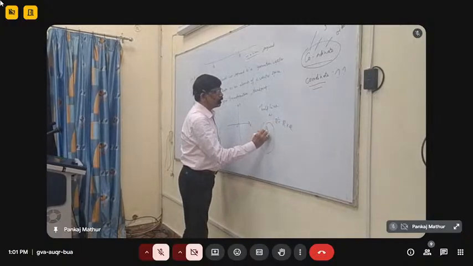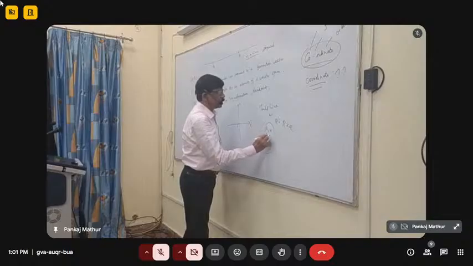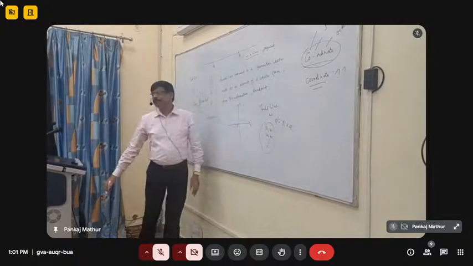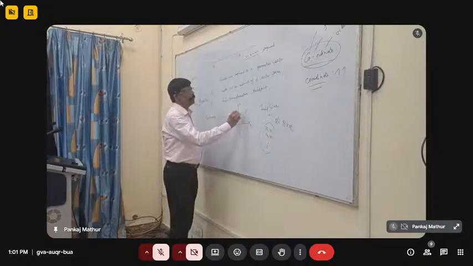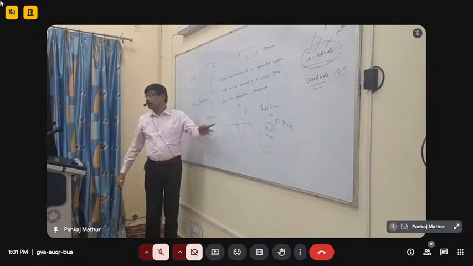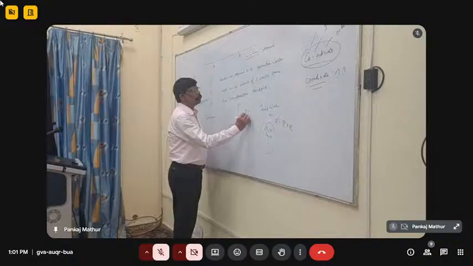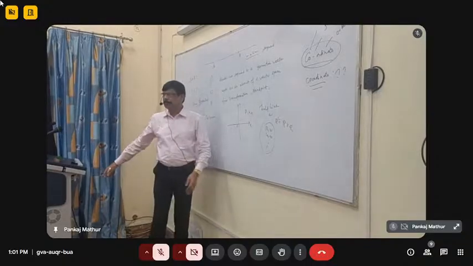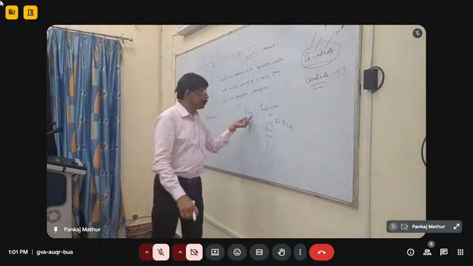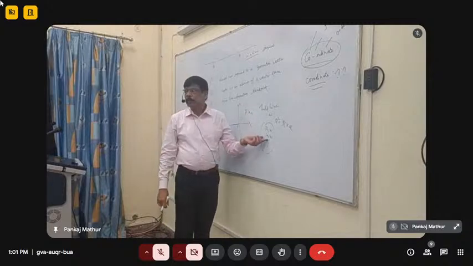Okay. So there is the set of real numbers, ordered pairs of real numbers, R cross R. Suppose these points are (a1, b1), (a2, b2), etc. P is a point in the Euclidean plane. Its coordinate is (x, y). What does it mean? There exists an ordered pair of real numbers in R2.